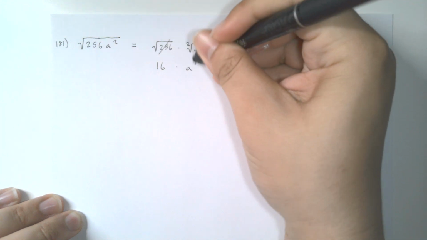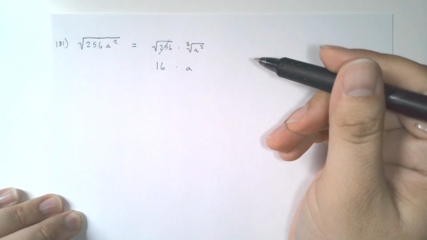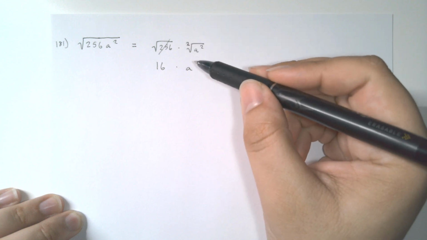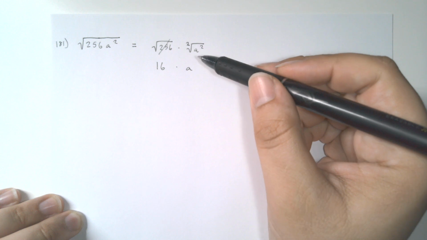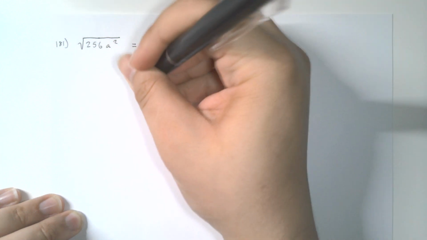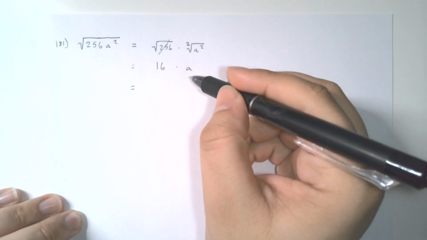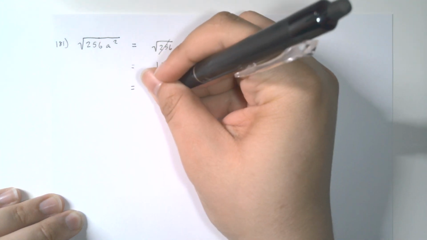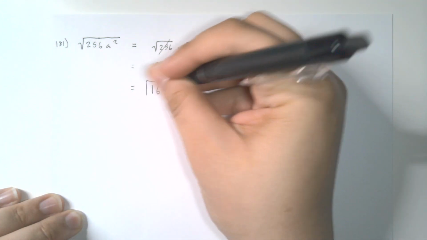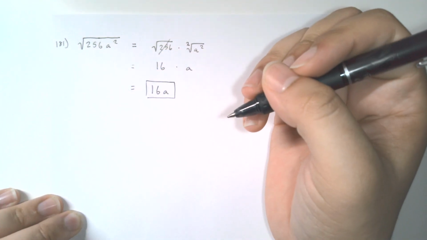We can just write this as a, and then we're done. 2 goes into 2 once, so we have a to the power of 1. And multiplying these two together, we say that this is 16a. And this is our final answer.